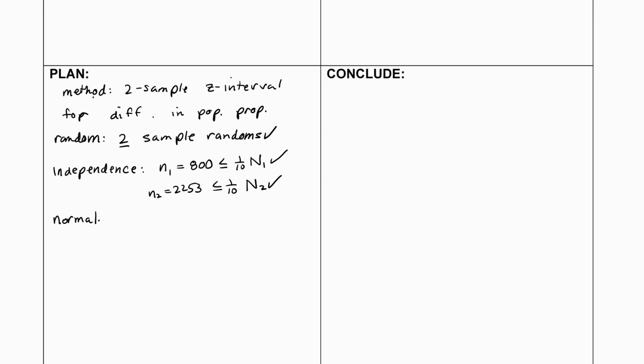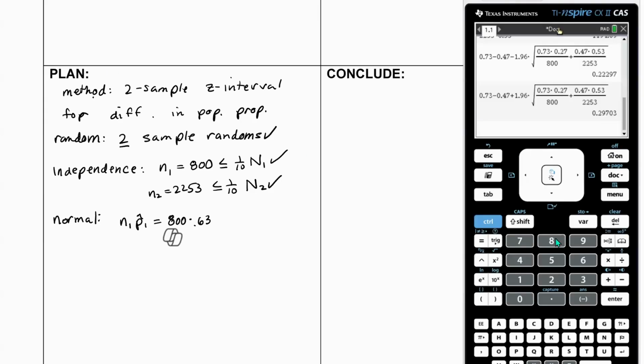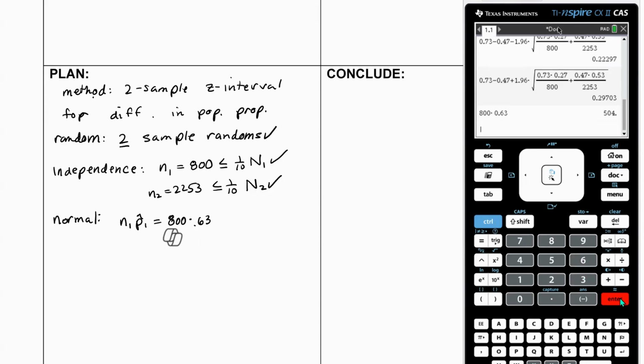For the normal condition, N1 P hat 1, which is 800 times, and in this case, we said 63% of teens said they went online every day. Let's break out our calculator and make that calculation. 800 times 63% is 504, which is greater than or equal to 10.